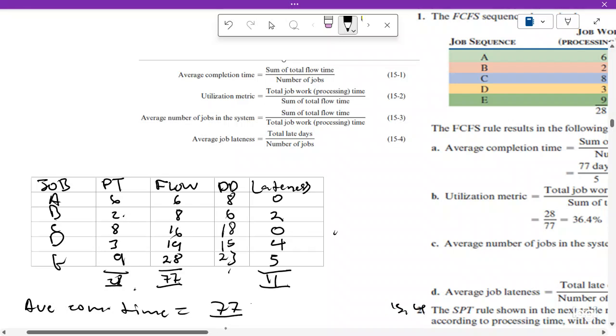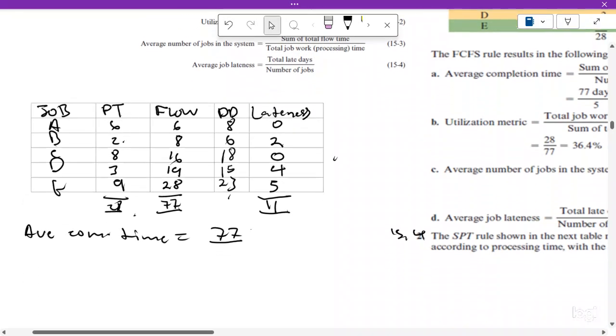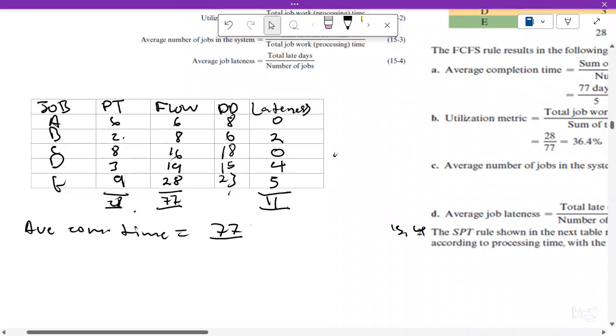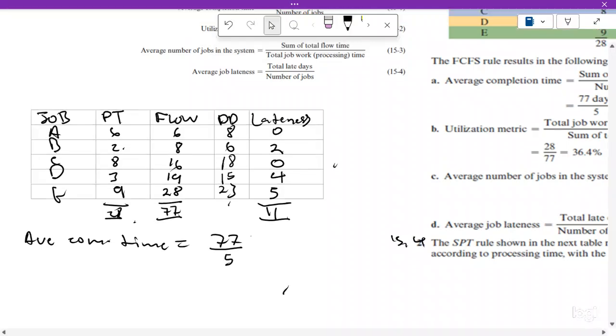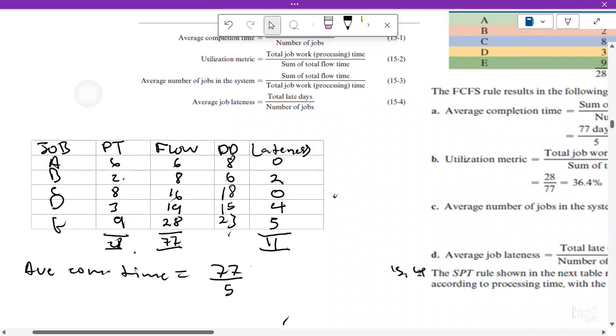What is number of jobs? 5. Are we on the same page with the number of jobs? I don't want a person to ask me during a test to see what is happening. It's 5, okay?